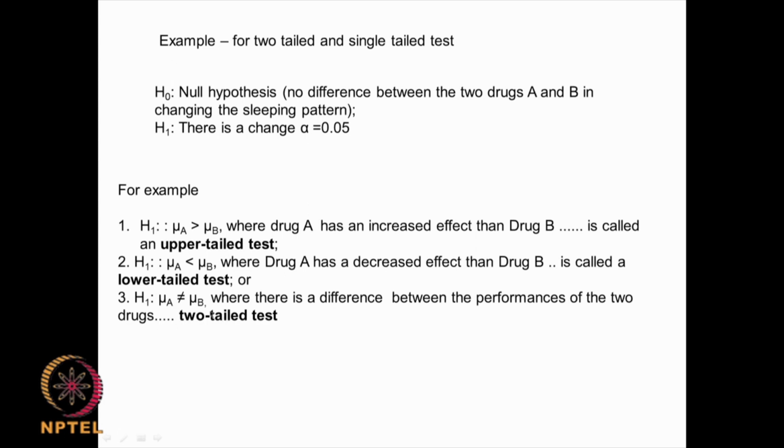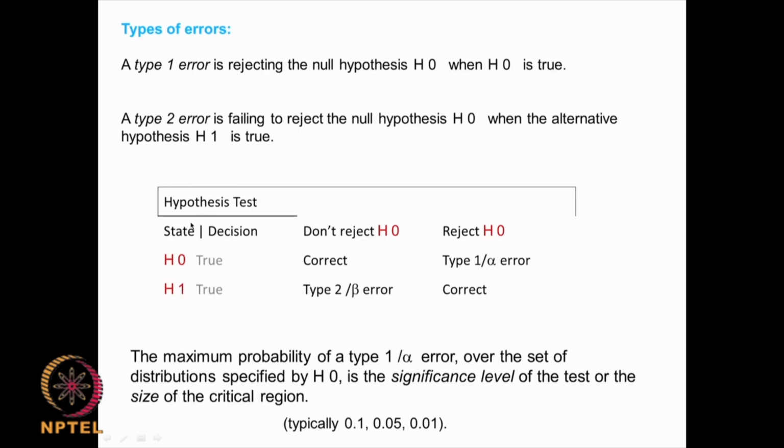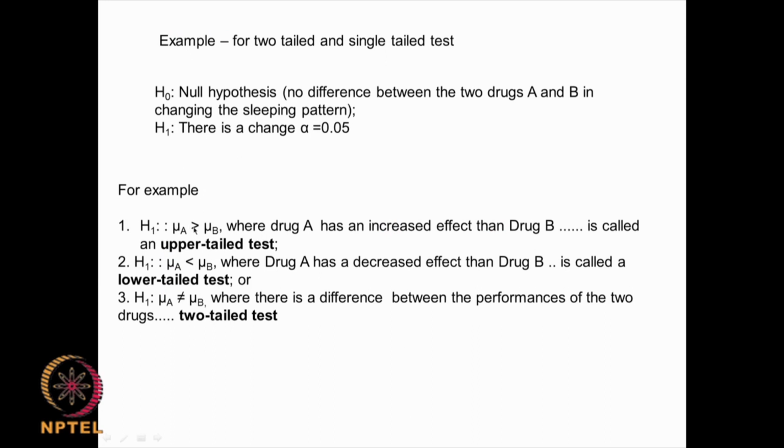For a two-tail, your alternate will be mu A is not equal to mu B, and your null hypothesis will be mu A equal to mu B. For a single-tail test, the null hypothesis could be mu A is equal to mu B, and the alternate hypothesis could be mu A is greater than mu B, that means drug A has an increased effect compared to drug B, or mu A could be less than mu B, that means drug A has a decreased effect than drug B. That is the lower tail and upper tail.